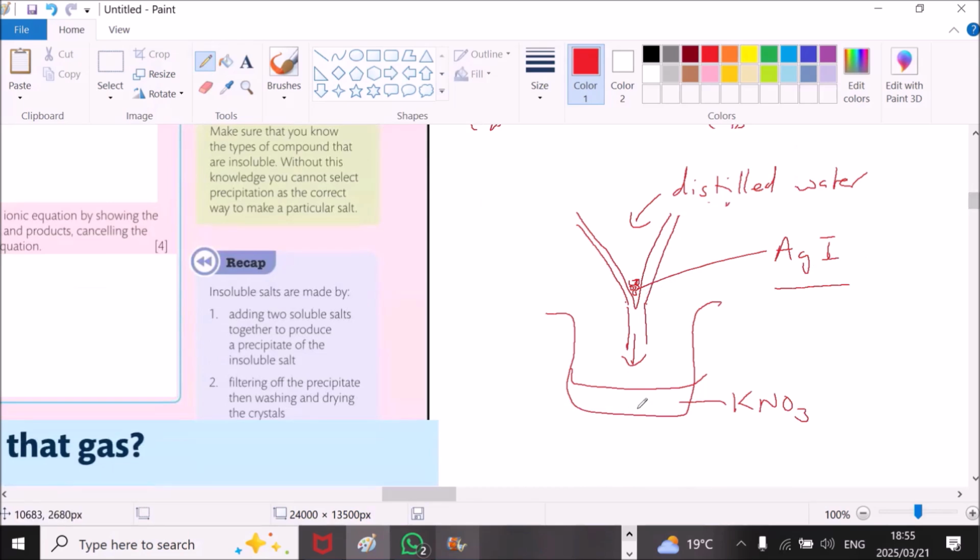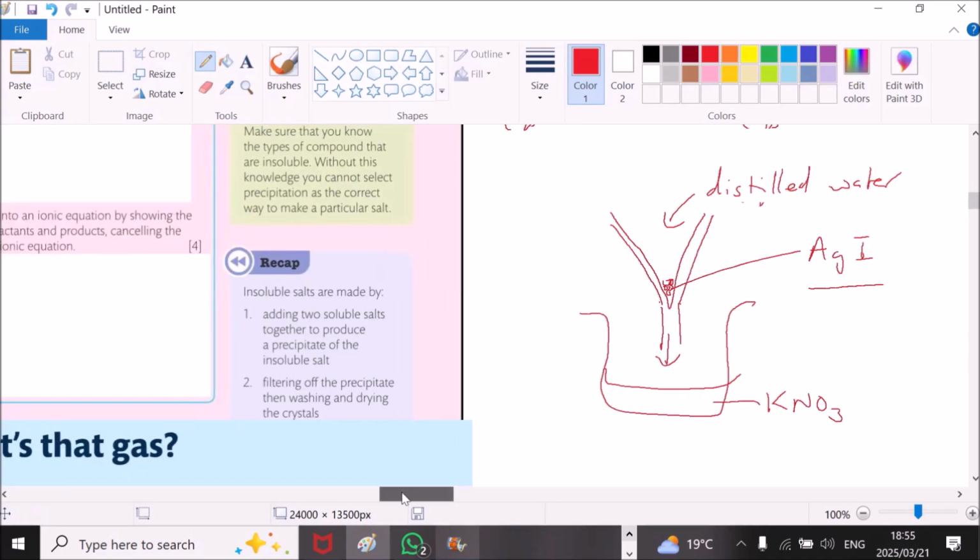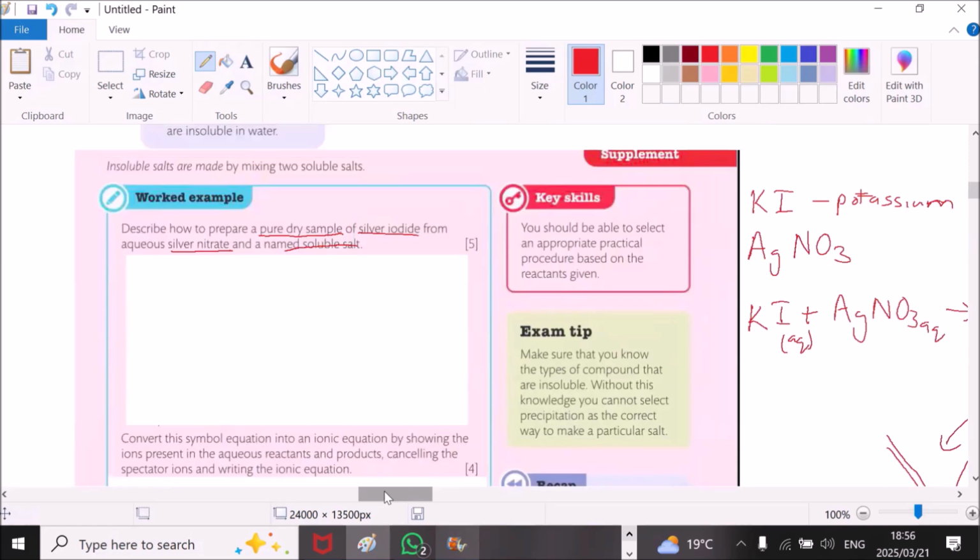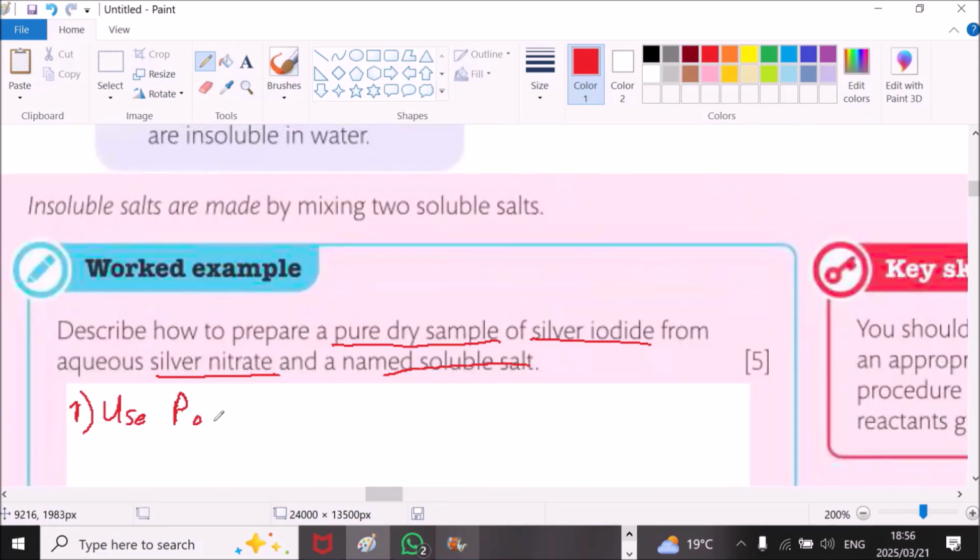So in the end, we'll have potassium nitrate in solution and silver iodide. Then we will place this silver iodide in a warm oven to evaporate the water and dry it. So now, one, use potassium iodide salt because it is soluble. All group 1 salts are soluble.